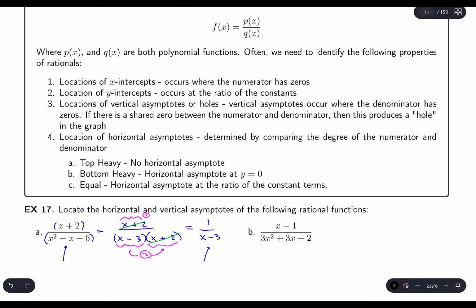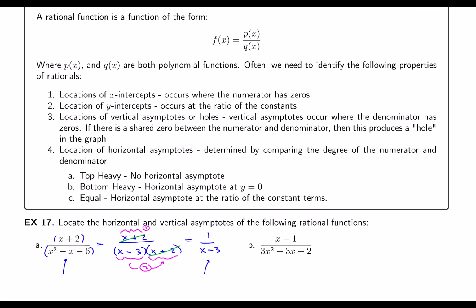Let me go back to a couple other details here. There were some additional things that we needed to know about rational functions, like how to find x-intercepts and y-intercepts, locations of vertical asymptotes, and locations of horizontal asymptotes. I've given you what you need for the algebra for the most part, but these other things are important too.